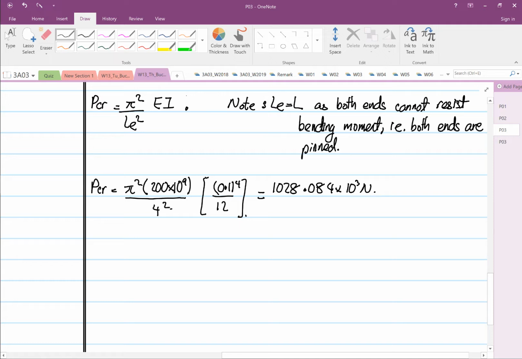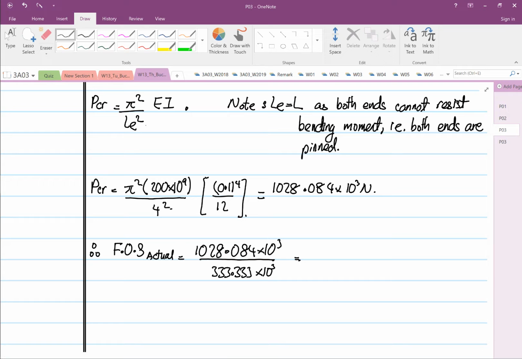Okay, so therefore the actual factor of safety is equal to 1028.084 times 10 to the power 3 divided by 333.333 times 10 to the power 3. It's equal to 3.084.